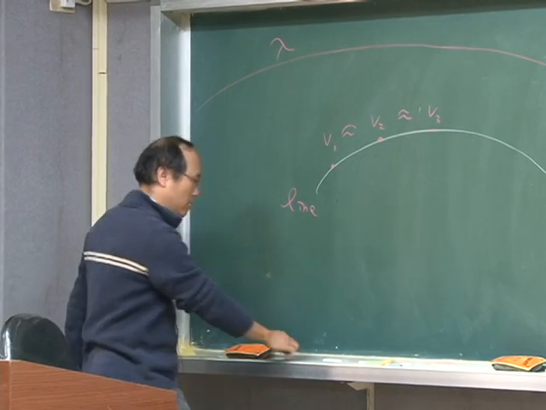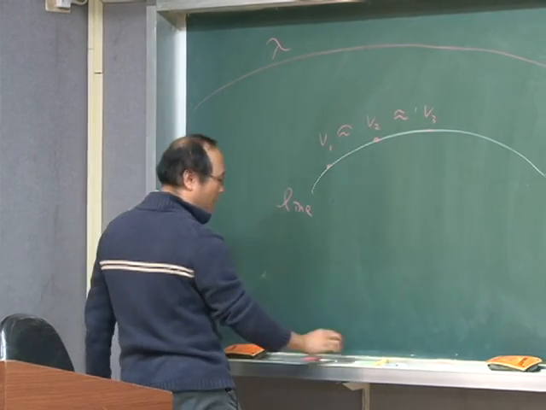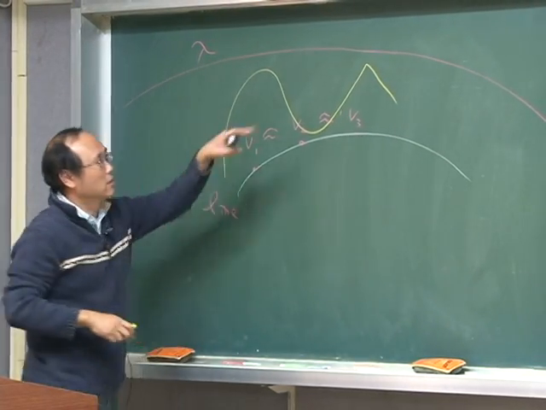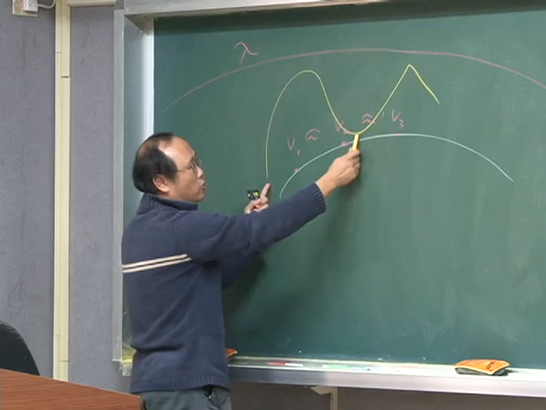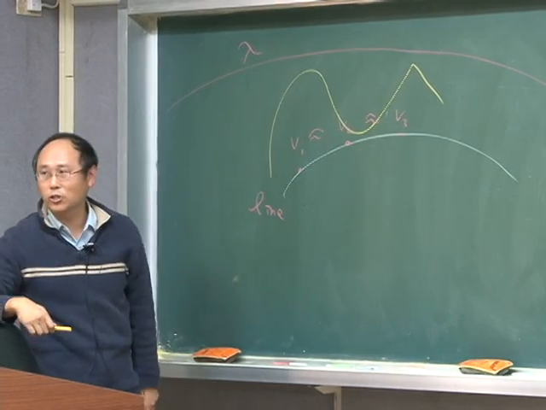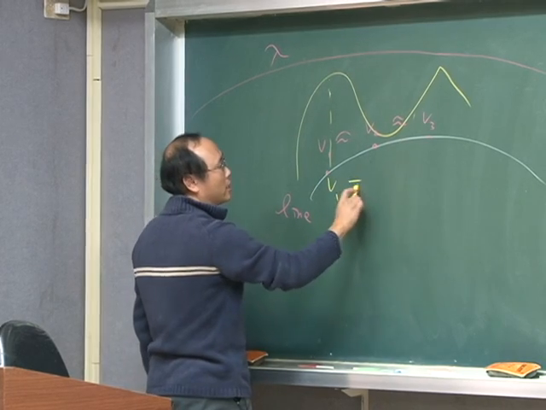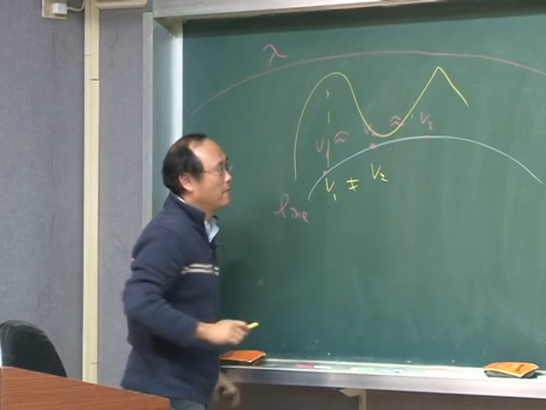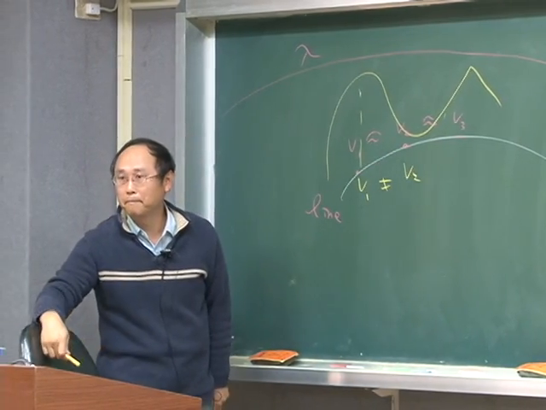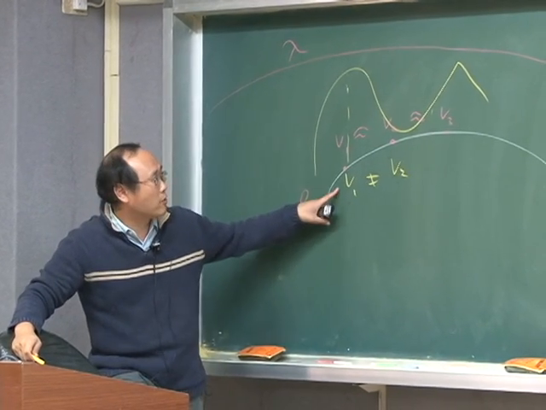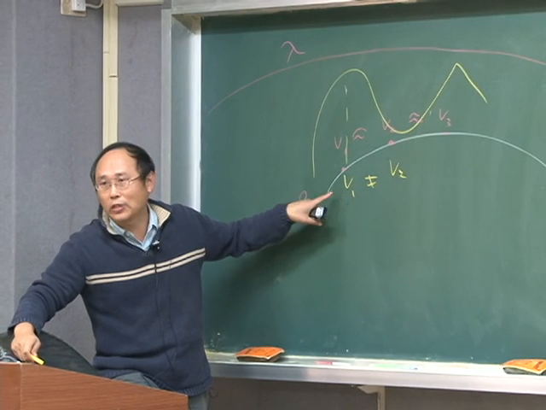Okay, but now if I have a wave like this, the wavelength is sort of shorter than the length of the transmission line. Well, definitely your V1 is not going to be equal to V2 here and here. And then we have to treat this energy as a wave inside this line.